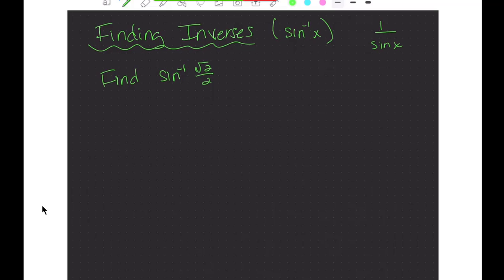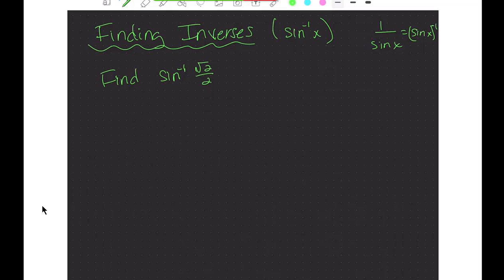That's not saying that you're finding the reciprocal. That would be if you had sine of x and the whole entire thing was to the -1. You guys get the difference between reciprocals and inverses?